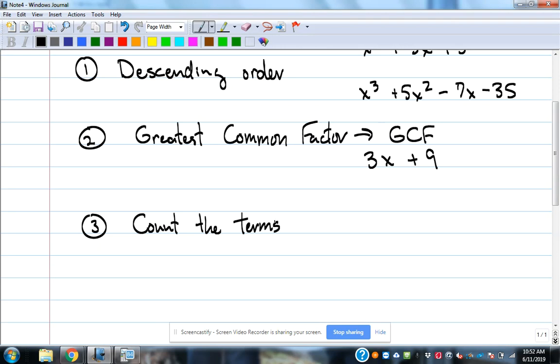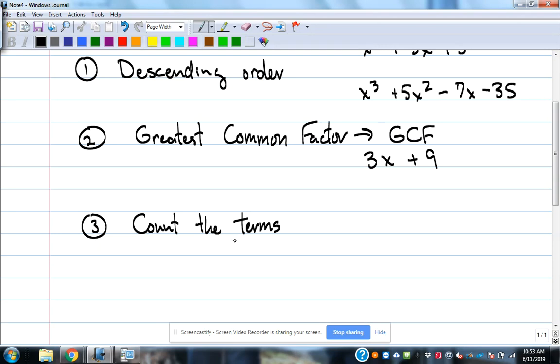So 3x plus 9 has two terms in it. The x cubed plus 5x squared minus 7x minus 35 has 4 terms in it. The number of terms your problem has tells you what method to use.